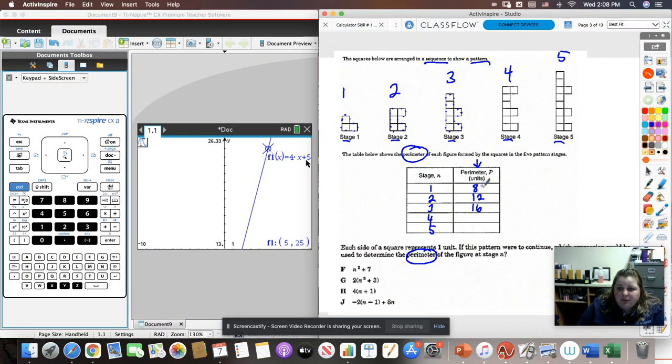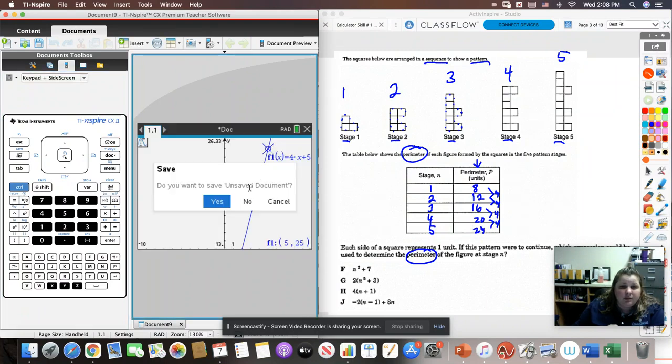And then I can see my pattern is going up by 4. 16 plus 4 is 20, and 20 plus 4 is 24. Keeping that in mind, I can see 4 is somehow in my pattern. So if I look down at my answer choices, I can see one that has a 4.